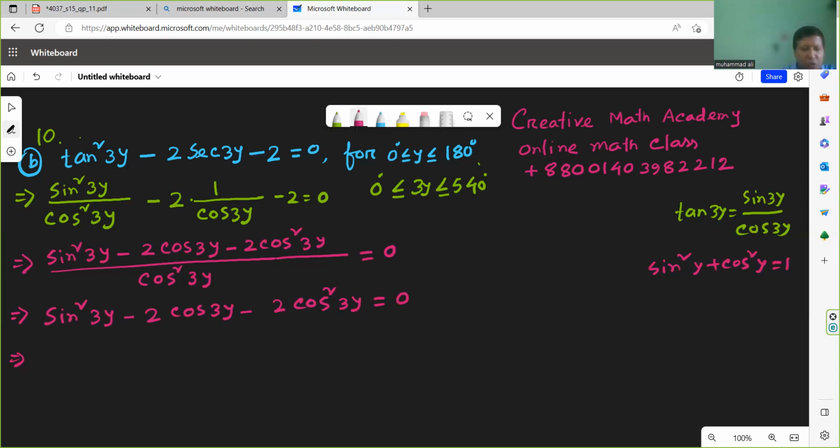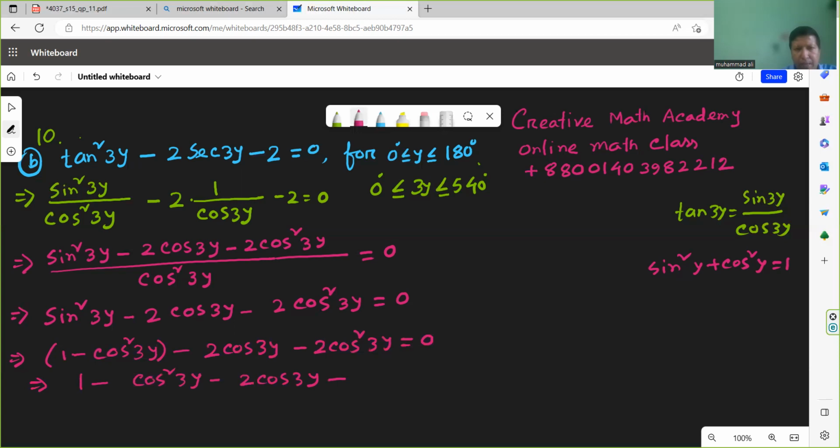So instead of sin square 3y, we can write 1 minus cos square 3y minus 2 cos 3y minus 2 cos square 3y equals 0. Now, if we do the bracket, we'll get 1 minus cos square 3y minus 2 cos 3y minus 2 cos square 3y equals 0.